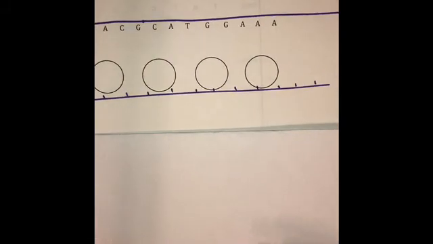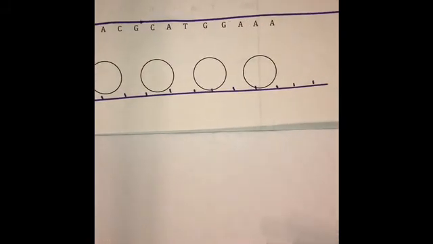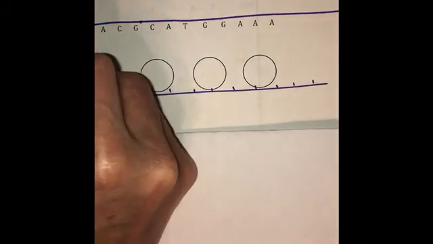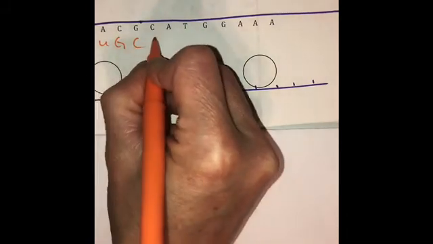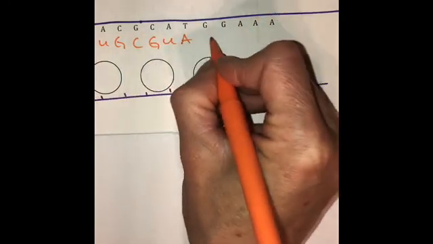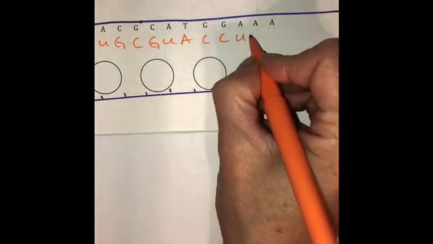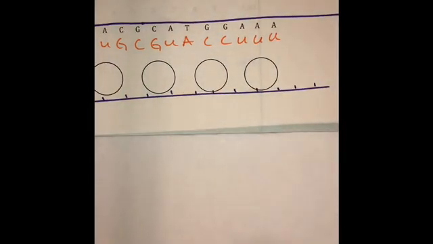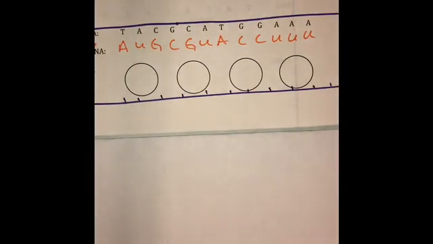So if I would transcribe this particular piece of DNA, I'm going to end up with AUG, CGU, ACC, UUU. So I used our base pairing rules to build our messenger RNA, making sure to watch out that I use uracil instead of thymine. So that was step 1, and that was our transcription.